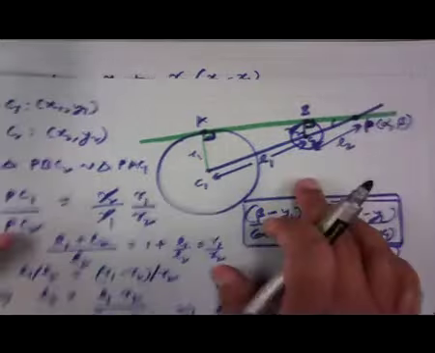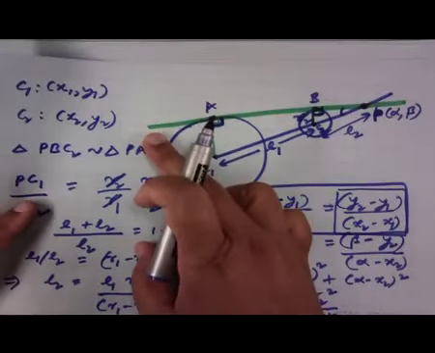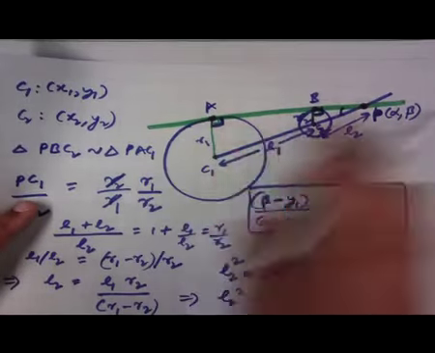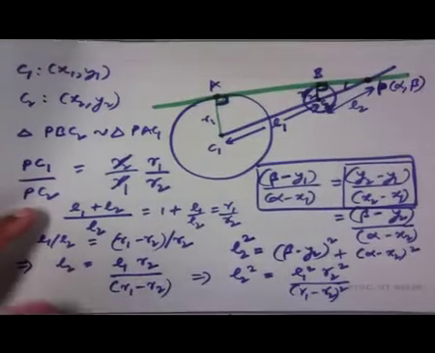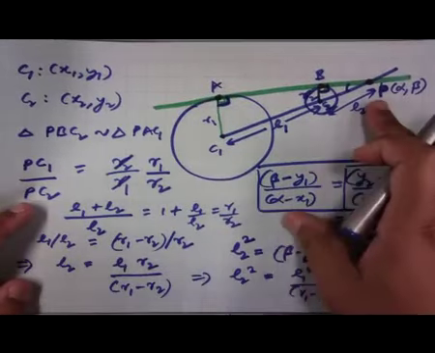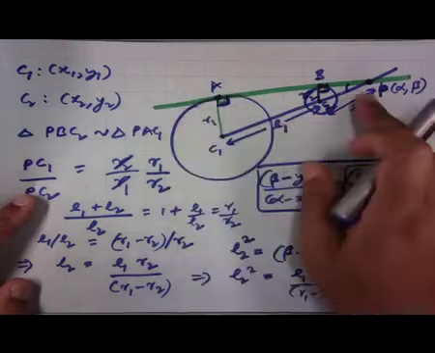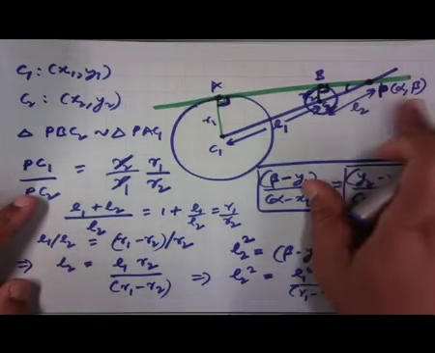but our ultimate goal was to find the equation of this direct common tangent. So, how do we get that? Of course, one thing is that we know that this tangent passes through this point whose coordinates are known.